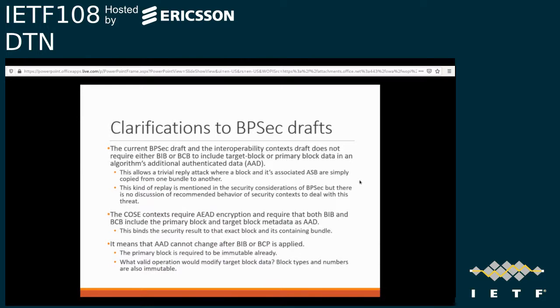One other thing that I think is kind of important, and Ed has mentioned this as a comment to be addressed in BPSec, is that there are consequences from the current behavior that's minimum specified by BPSec about being able to replay blocks, because right now BPSec doesn't mandate that signing or encrypted authenticated data covers the block metadata or the primary block.